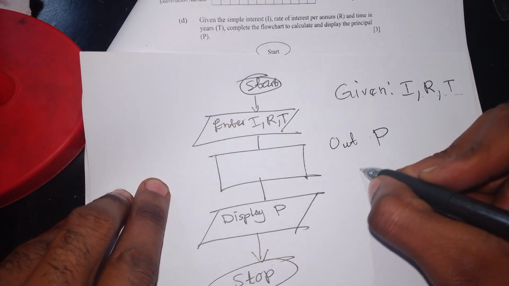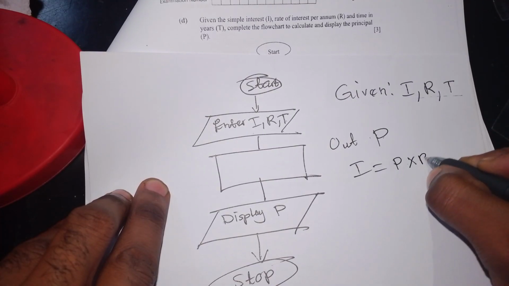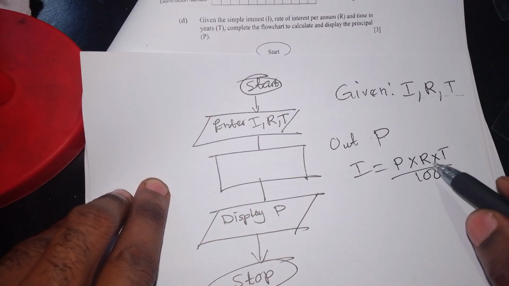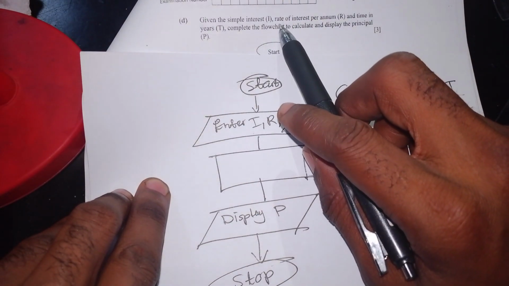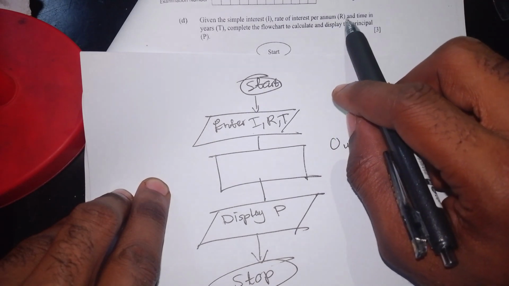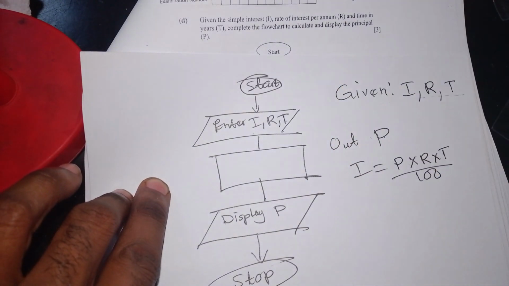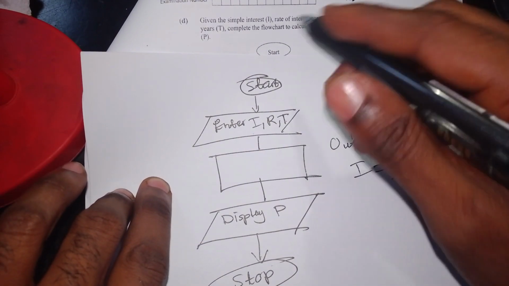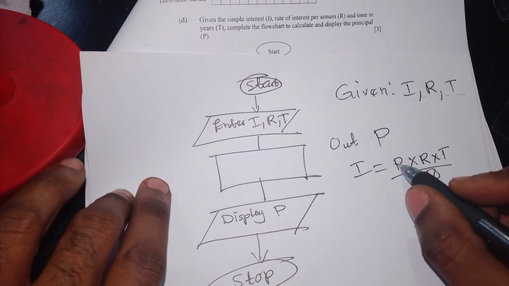And then now you can move on to the processing box. We all know that simple interest is given by P times R times T over 100, because this one is a percentage. So rate of interest per annum. They didn't really state whether it's a percentage or not, but we know that this is always a percentage. So now you have to make P the subject of the formula.